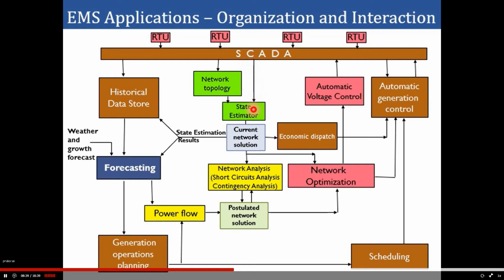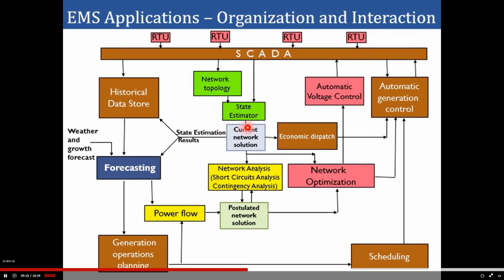State estimator will execute and find out the voltage magnitude and voltage angle at all the buses of the power system network. And then when we get the state estimator results, basically the voltage magnitude and angle, based on that data we can calculate the power flow among various branches of the power system network.